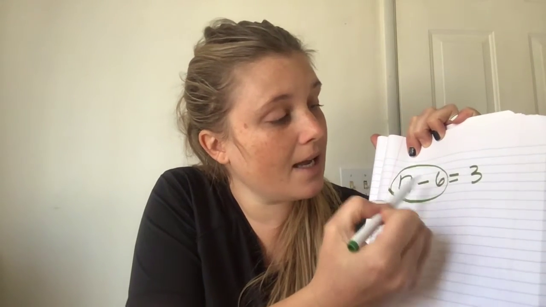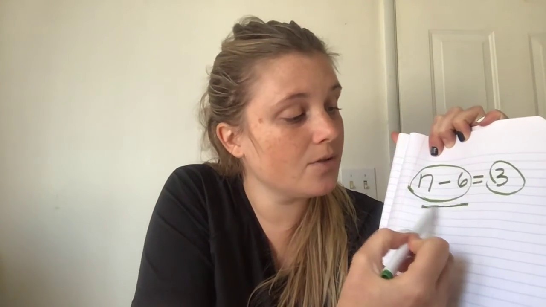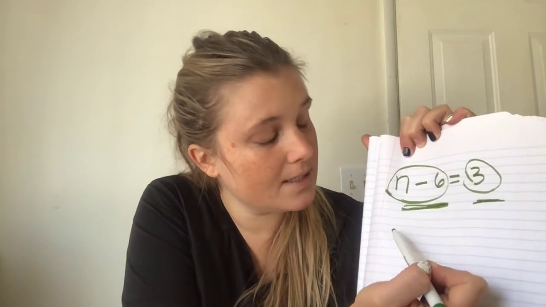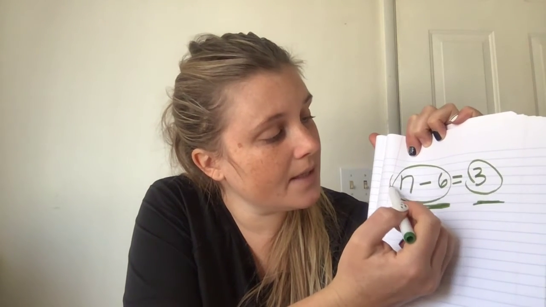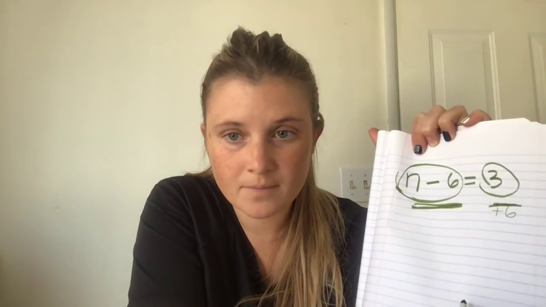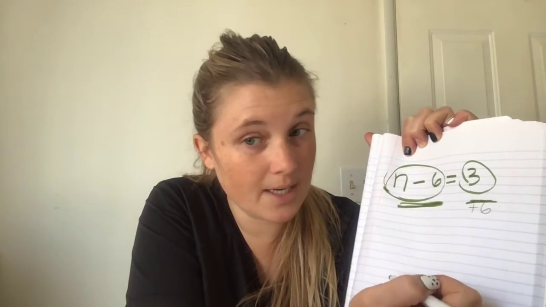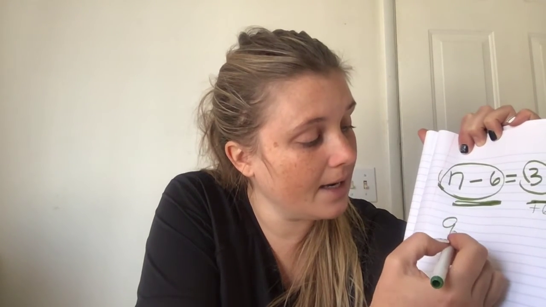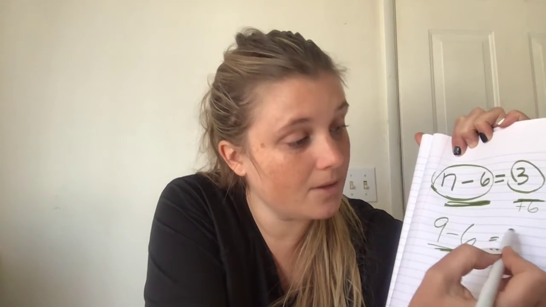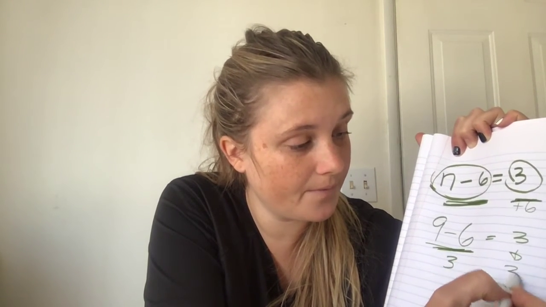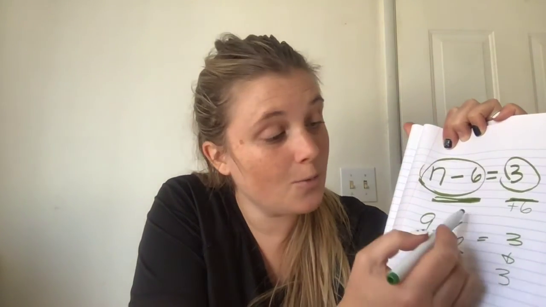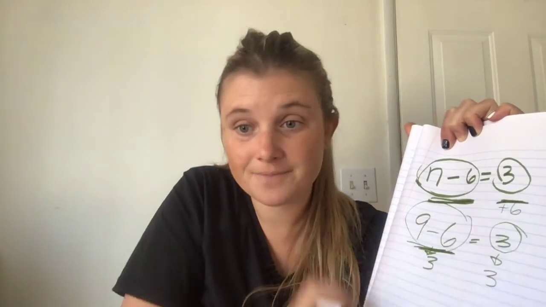We're going to make this side equal this side. How are we going to do that? Well, if we've got to figure out what this number is, why don't we add 6 to 3? So 6 plus 3 is 9. So 9 take away 6, does that equal 3? Yes. So 9 take away 6 equals 3, and 3 equals 3. So we made this side equal this side.